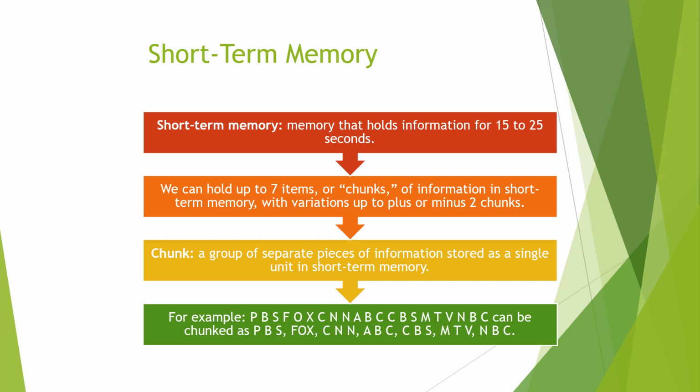And you could think of those sets as years or so on and so forth. It's much easier to remember 4 than it is to remember 16. So again, short-term memory, that second stage of the 3-stage model, holds information for about 15 to 25 seconds, and it only holds about 7 bits of information plus or minus 2. And so we may use chunking to remember that information better.